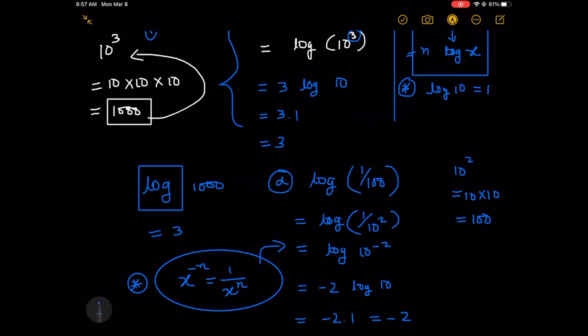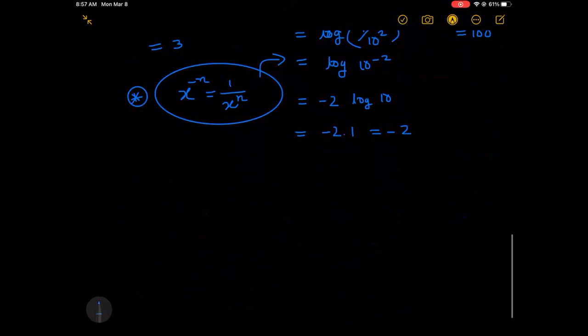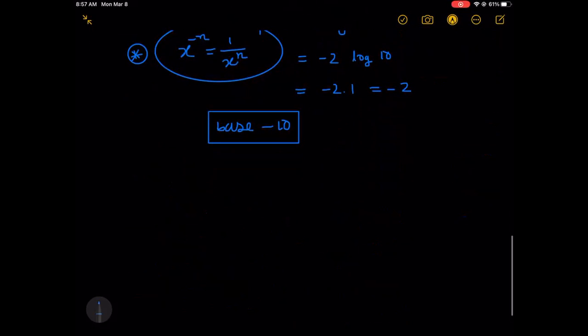I have a question. Yeah, sure. So log of 10 always equals 1? Well, yeah, the common log of 10 will always give you 1. That means whenever the base of it is 10. So the common log has a base of 10, but we have different bases as well. We have log of base e, which is written as ln.